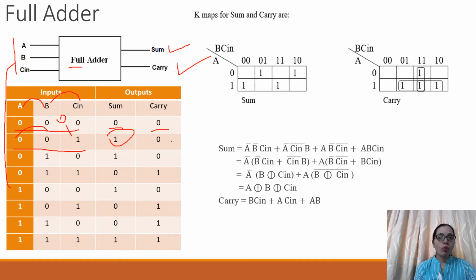Let us trace one more randomly. Suppose 1 plus 0 is 1 and 1 plus 1, 1 plus 1 is 0, carry 1. So this is the way how you can have a truth table of the full adder.